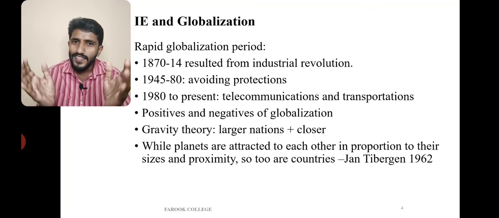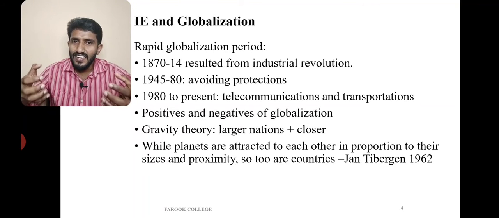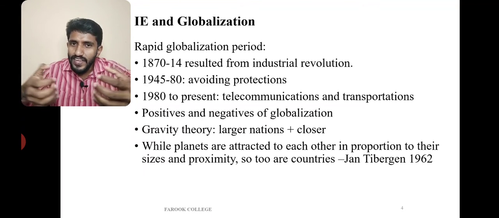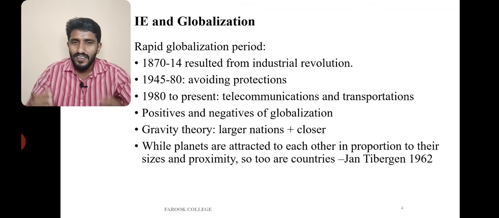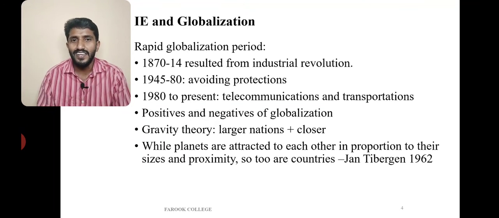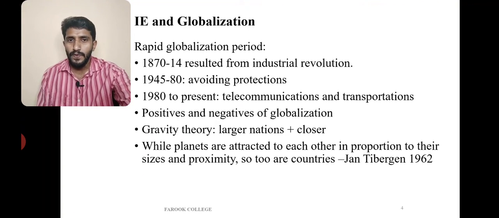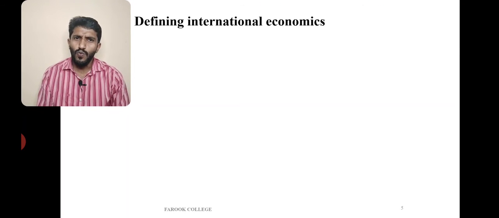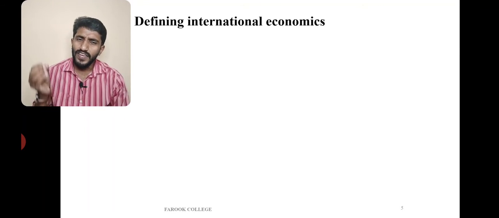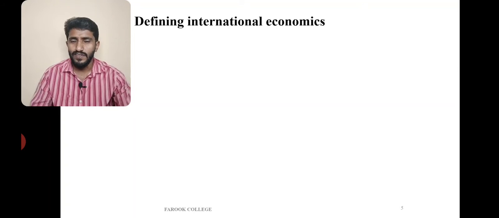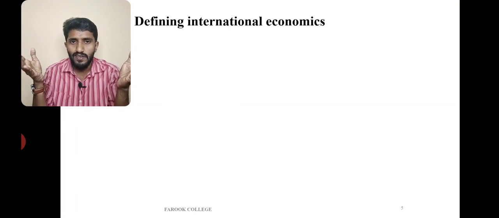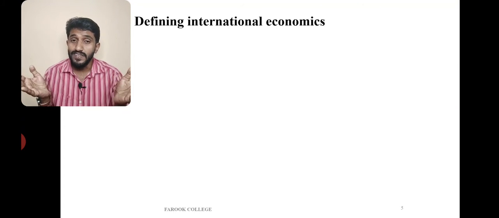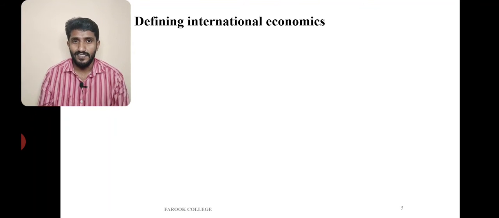Through all this, when countries started more economic transactions and economies became more integrated, the scope of international economics also increased. Okay, so what is international economics? How can we define it? Because it is a very broad subject. It includes everything.